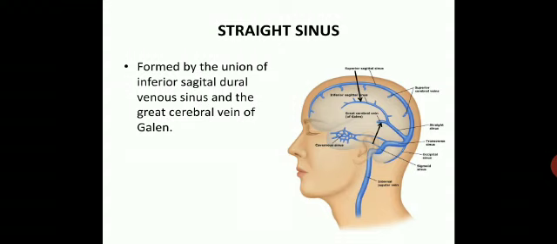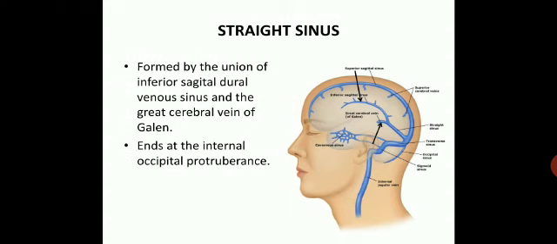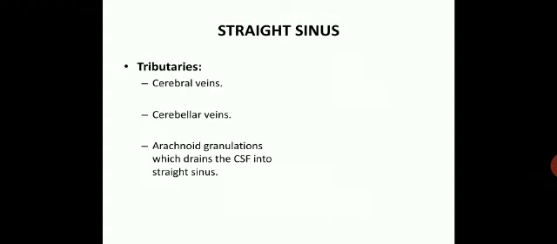It ends at the internal occipital protuberance and continues as a transverse sinus. Tributaries include cerebral veins, cerebellar veins, and arachnoid granulations, which drain the CSF into the straight sinus.